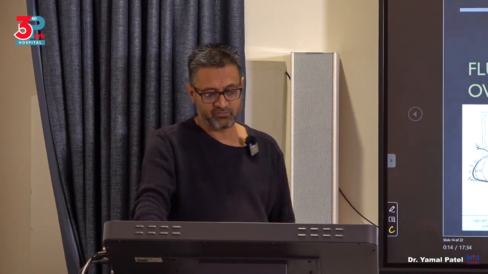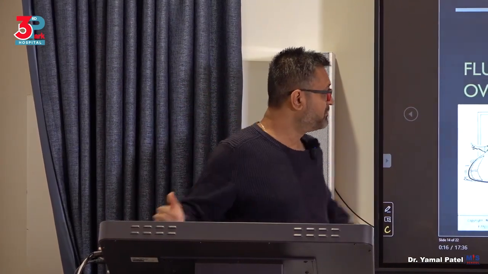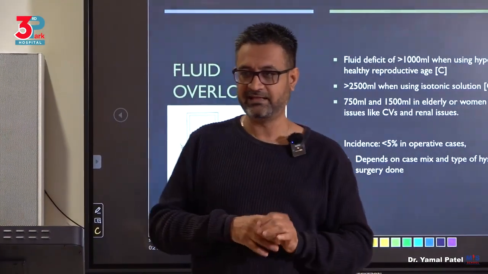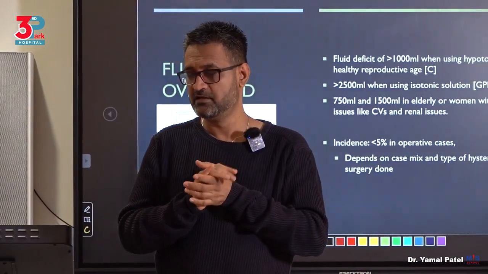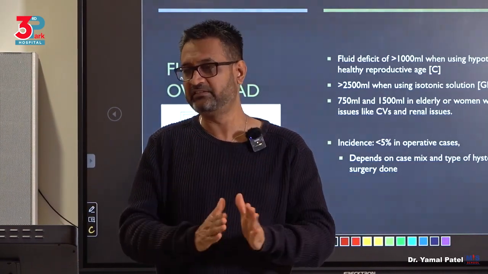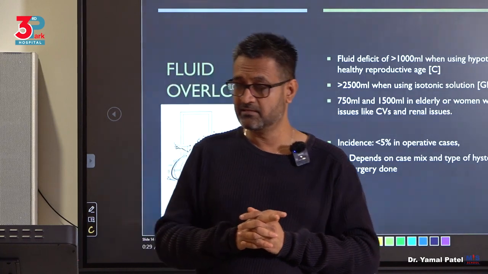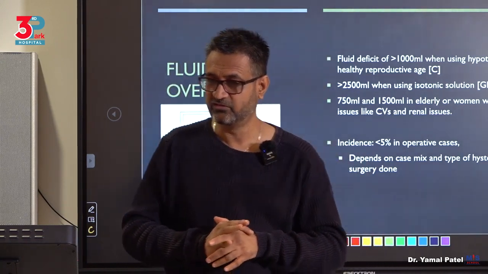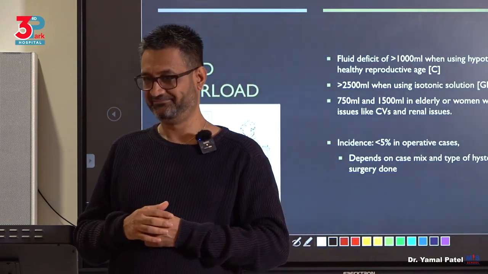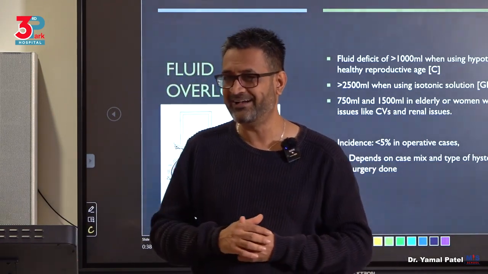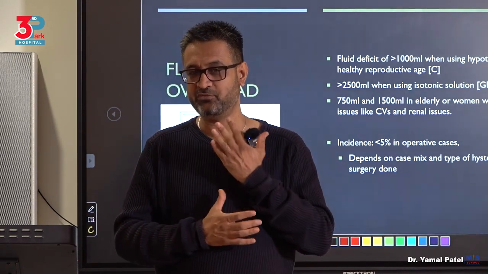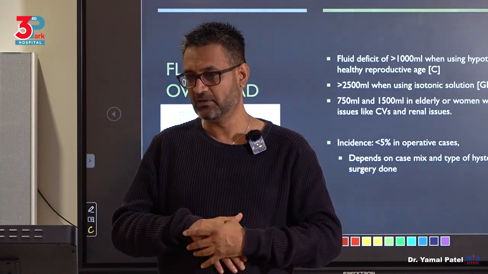So when you get fluid overload of more than 1,000 ml in a hypotonic solution, that's an overload issue. The rule is you reach a deficit of 1,000 ml in hypotonic solution, stop the procedure, reschedule the procedure. Do not say, I have 5 more minutes to complete. My friend, you will land into problems, okay?